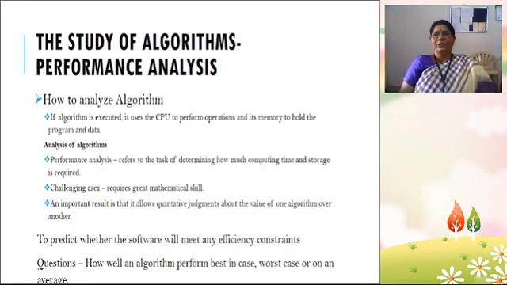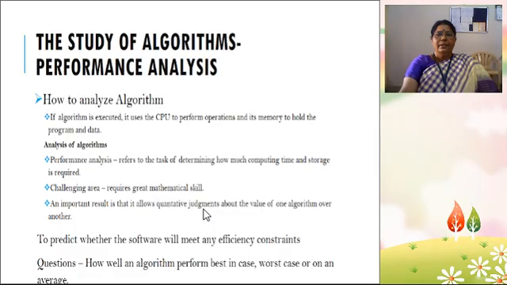These are the two metrics that decide the performance of any algorithm: how much computing time and how much memory are utilized by an algorithm. So we use these two important parameters for analyzing the performance of any algorithm. Performance analysis refers to the task of determining how much computing time and storage is required.